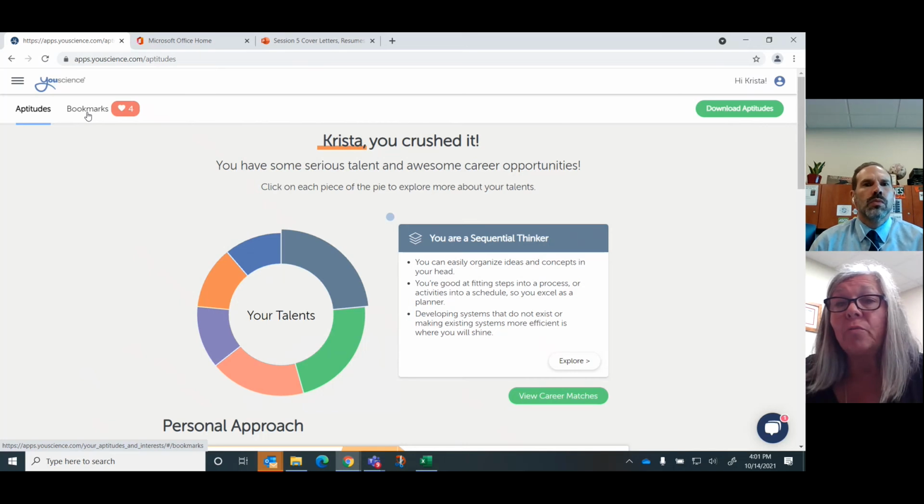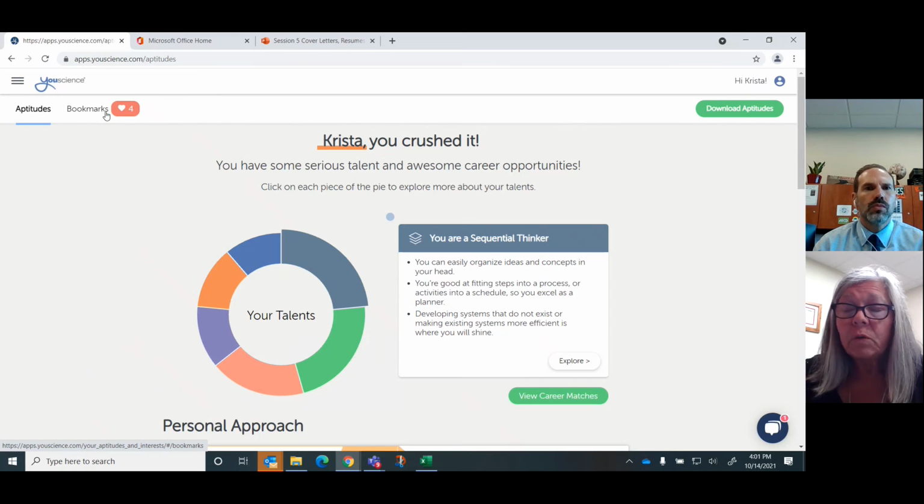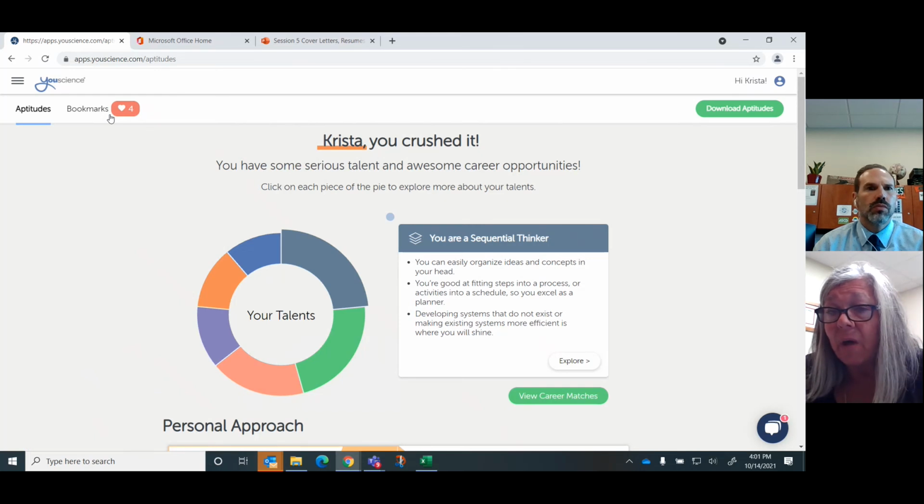And as we go through our aptitude results, I'll explain how this bookmarking works. Remember, I told you in the overview initially that everything about YouScience is positive. So you see they tell me here, Krista, you crushed it. You have some serious talent and awesome career opportunities. So everything presented by YouScience is in a very positive light.